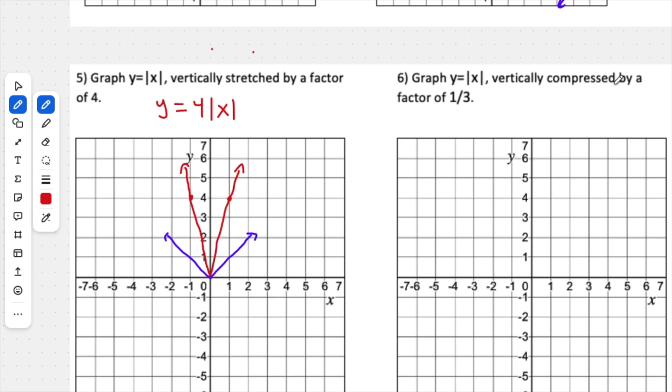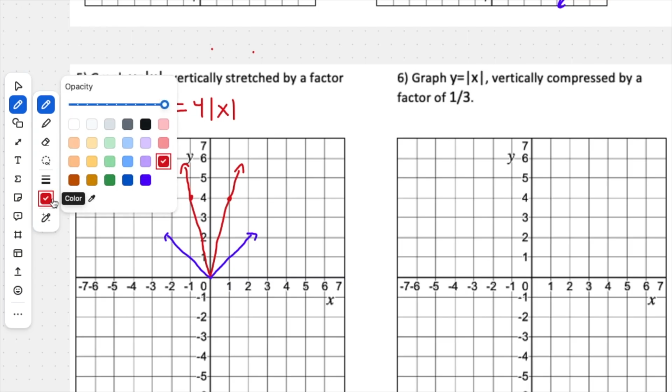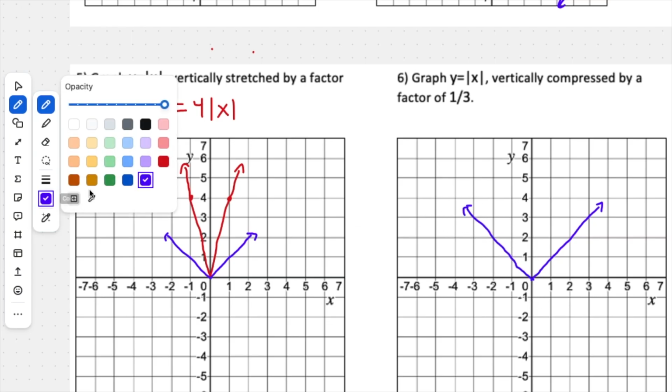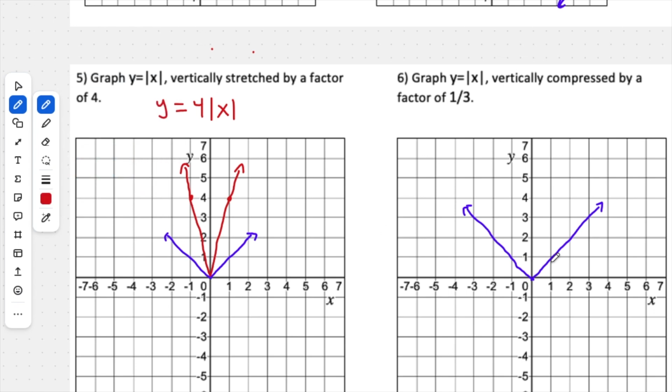And here, vertically compressed by a factor of 1/3. So again, let me draw kind of the parent function in here. If we think of compressing this by 1/3, because again this would look like y equals 1/3 absolute value x, if I put in 1, it's 1/3 of 1, and 1/3 is hard to graph.